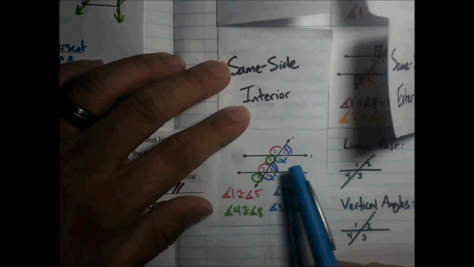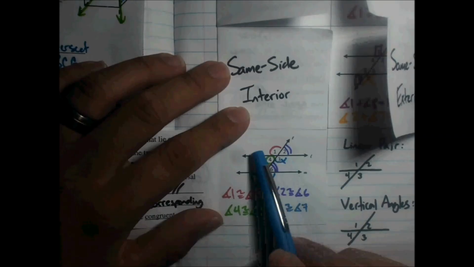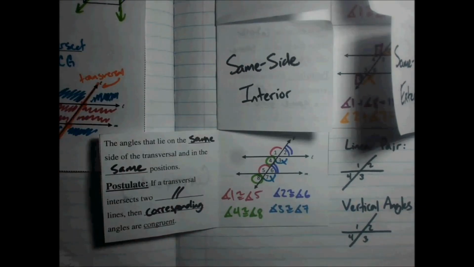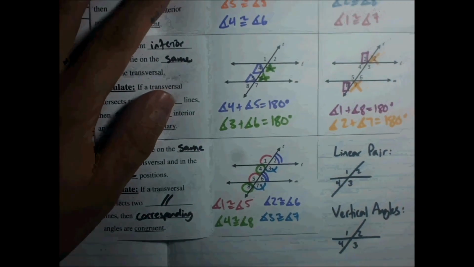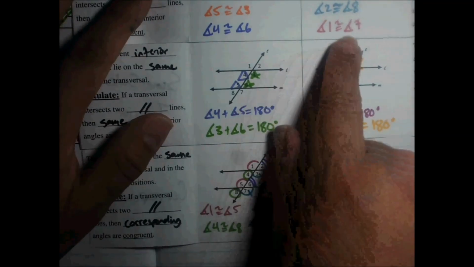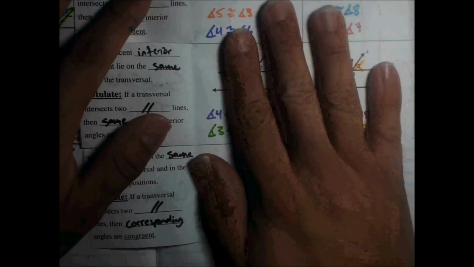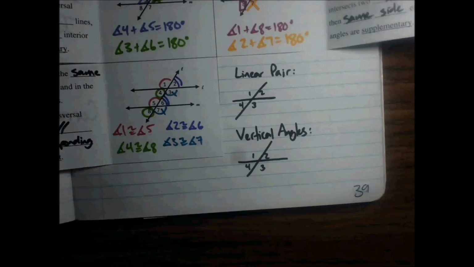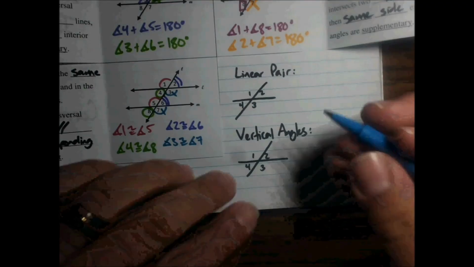A linear pair is something like, I don't know, angle 1 and angle 2. Again, just something to kind of notice and remember, right? So like if you add angle 1 plus angle 2, then you get 180 degrees, right?